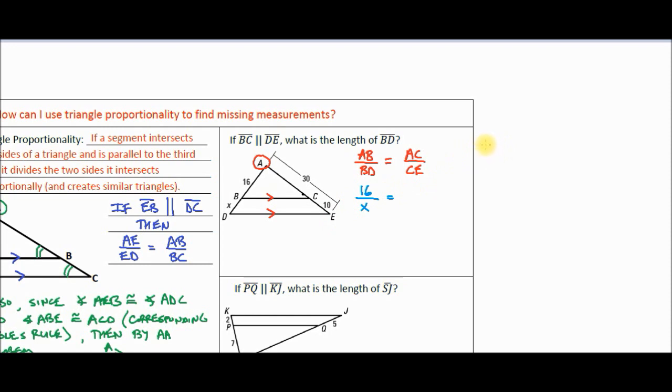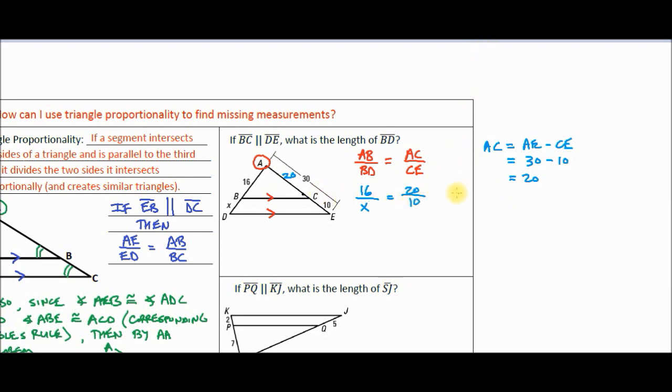We know that AC is going to be equal to AE minus CE. So AC is equal to AE, which is 30, minus CE, which is 10. So AC is equal to 20. So there's our value here. I'm going to write that in. We figured that out. So AC is 20, CE is 10.